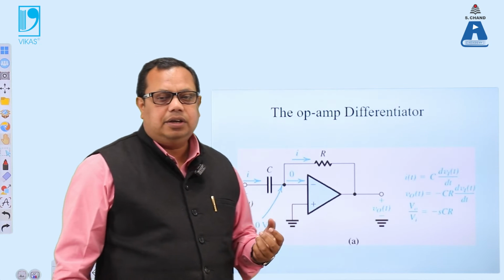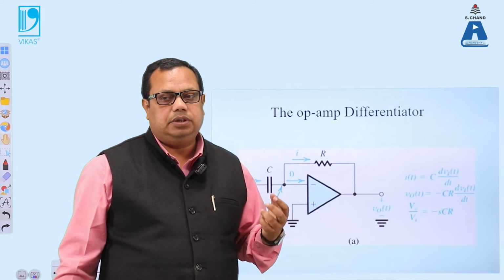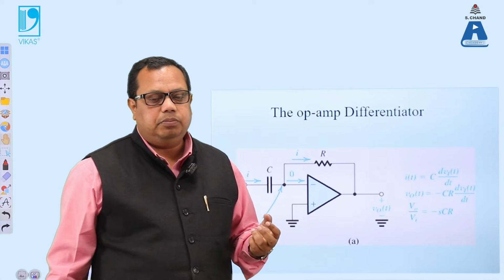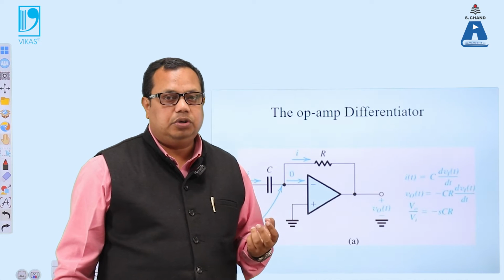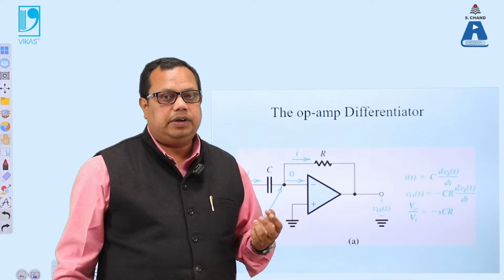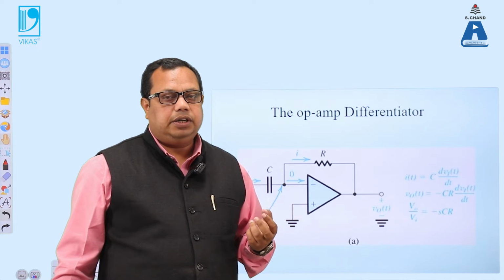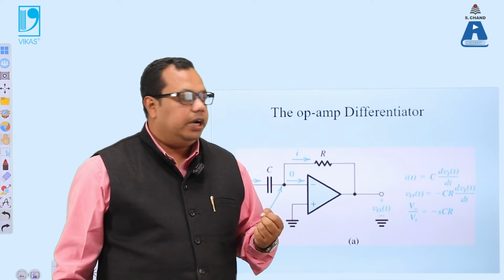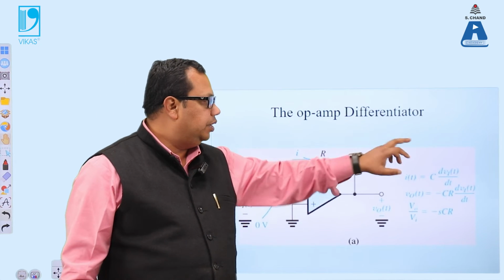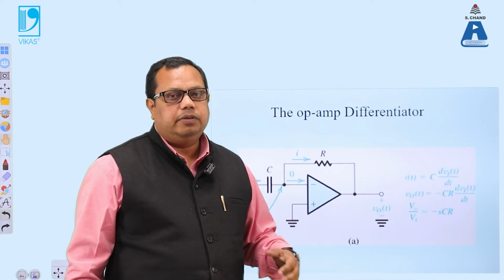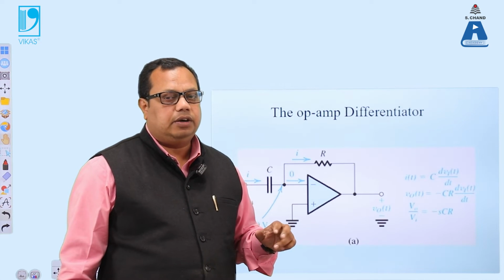In the integrator, we have seen how the different values of the input were integrated together so that we can get the value of the output. In the integrator we integrate the values, and in the differentiator we differentiate the value, and whatever the rate of change we have in the input, according to that we can calculate the output.